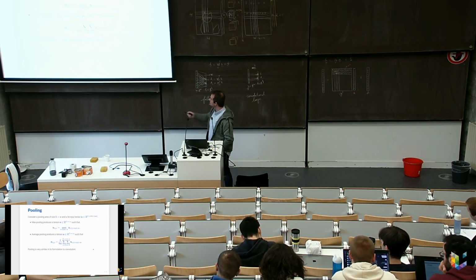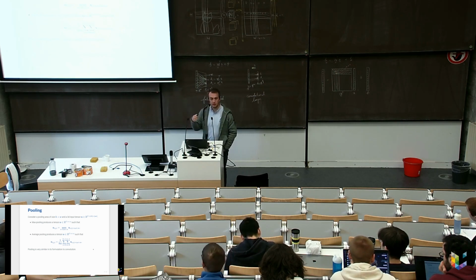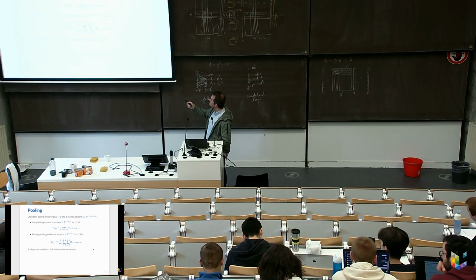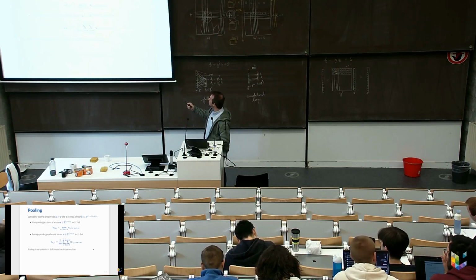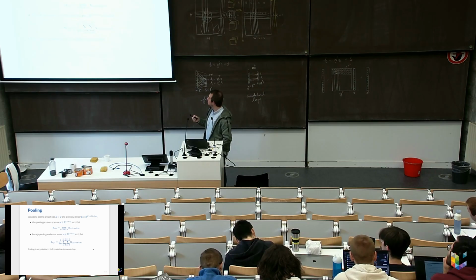And then we say, for example, in the case of a max pooling layer, that the output of a max pooling layer will be a tensor of size C times R times S. So you preserve the channels, but you reduce the height by a factor H and the width by a factor W. Okay?